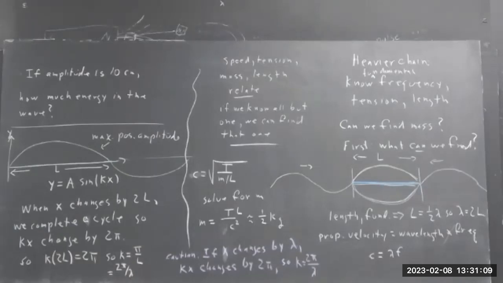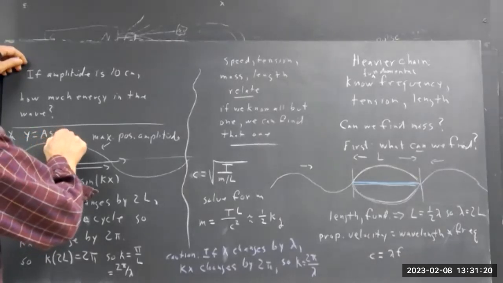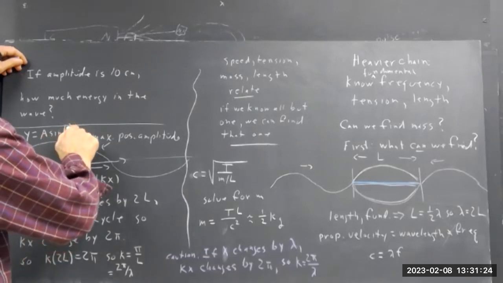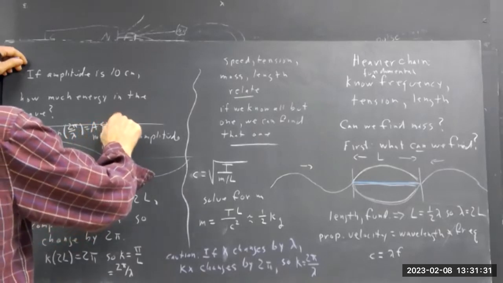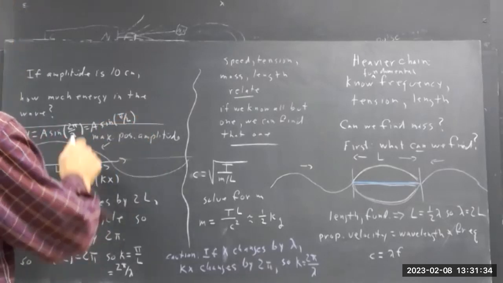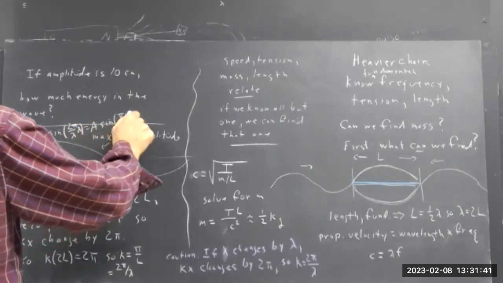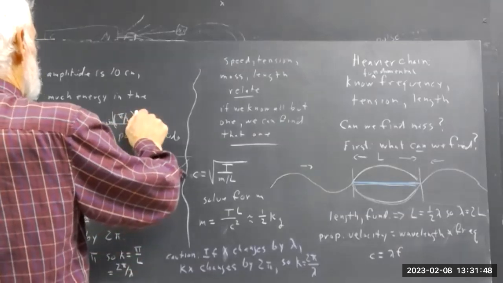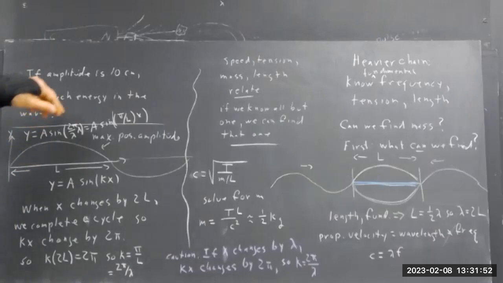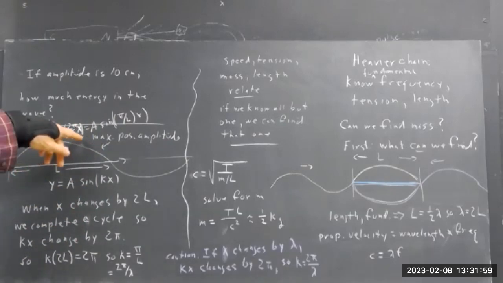Now, when I wrote that, the X almost looks like a lambda. I had to squeeze it in: 2 pi over lambda times X.